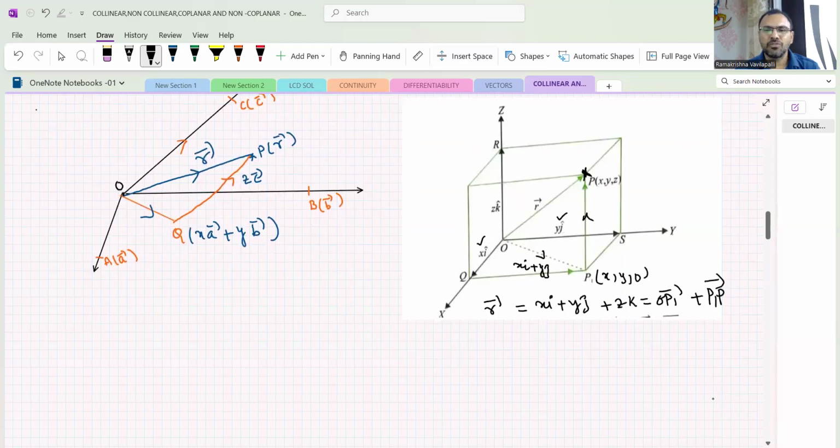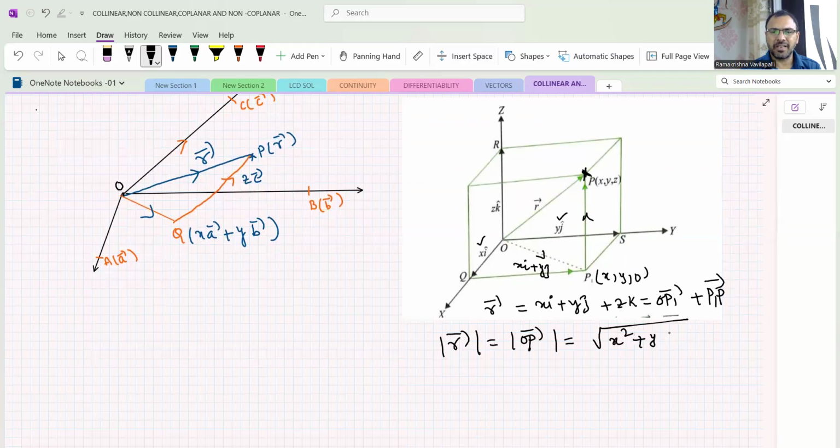Now it is easy to verify that the magnitude of R bar vector, or OP bar vector, is equal to root over x square plus y square plus z square. How do we know that?